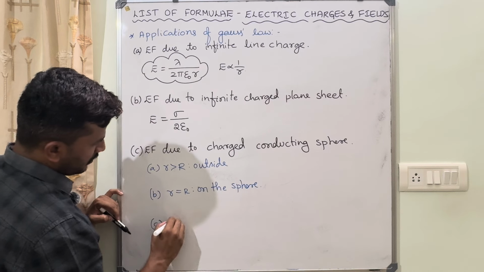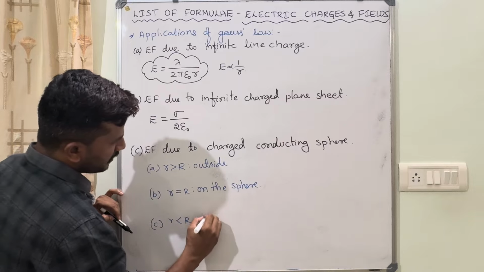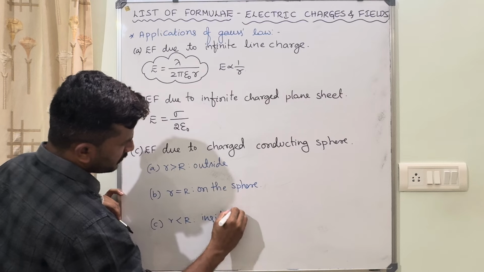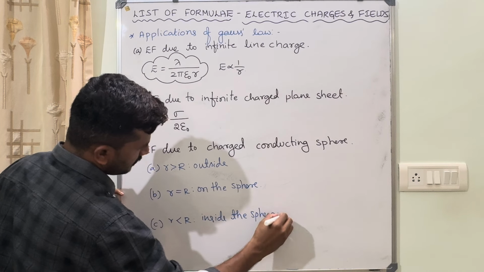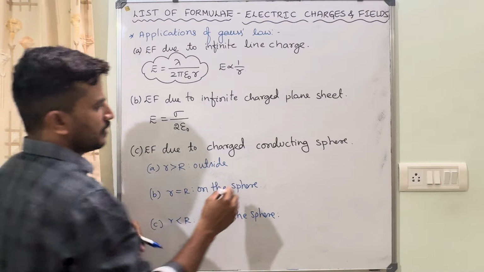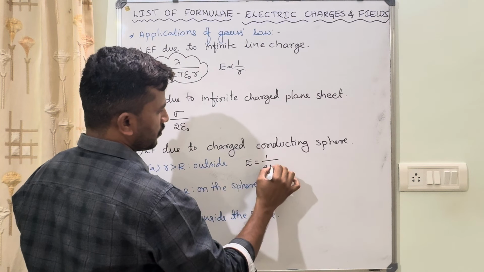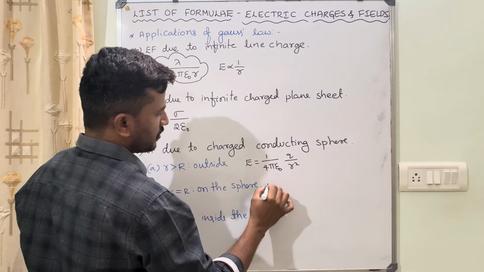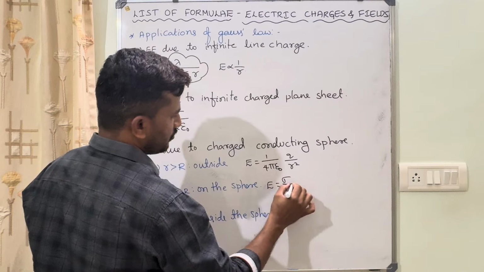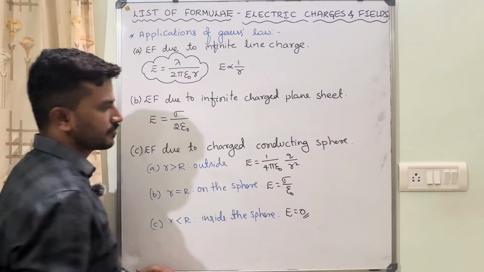C, r is less than capital R, it is inside the sphere. So outside the sphere, E is given by 1 over 4 pi epsilon naught q divided by r square. On the sphere, sigma by epsilon naught. Inside the sphere, E is equal to 0.